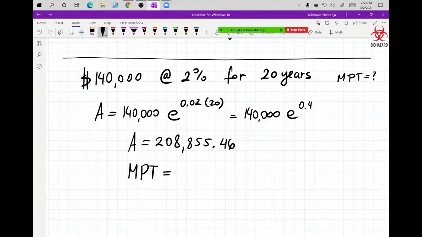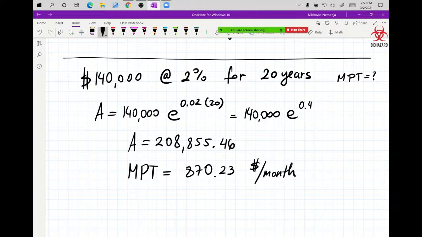And 20 years times 12 is 240 payments. And that's your monthly payment, $870. Now, if they're compounding monthly and so on, this is just going to go down like $2 to $3 if they compound monthly.